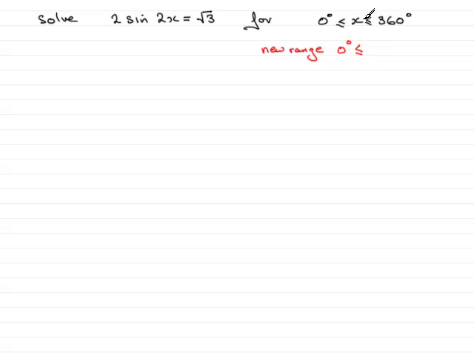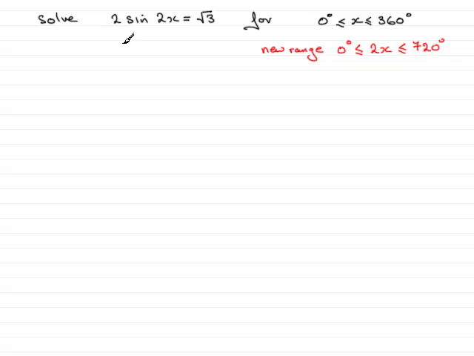Next, we double the x, so that's 2x. And finally we double the 360 degrees, that's 720 degrees. So we're looking to solve this equation not in the range 0 to 360 degrees, but in the range 0 degrees to 720 degrees.